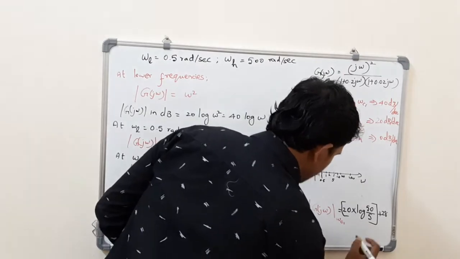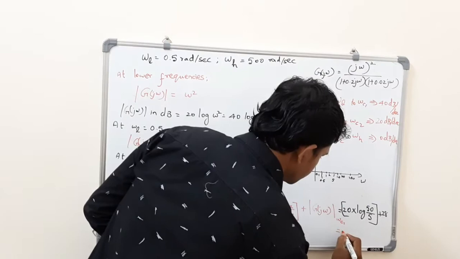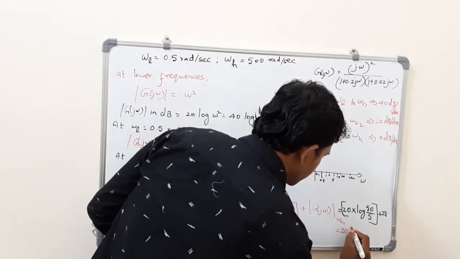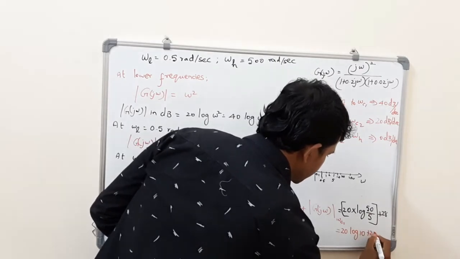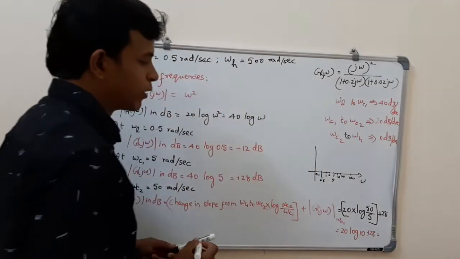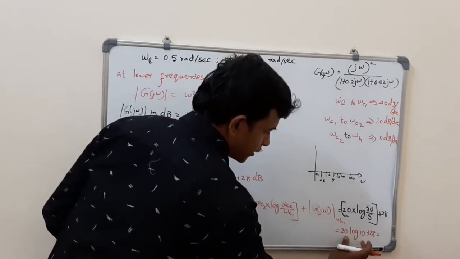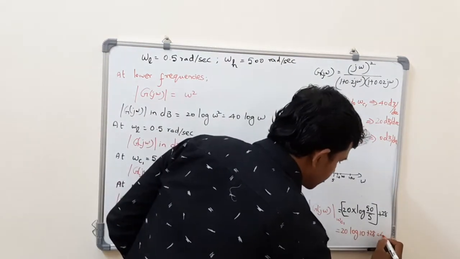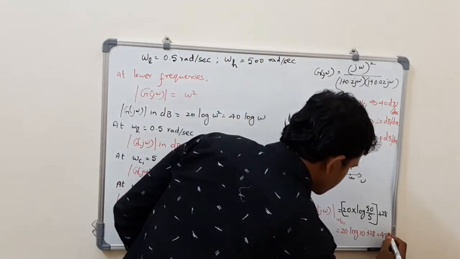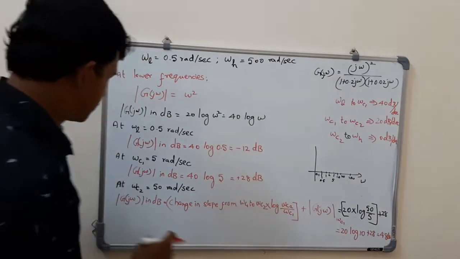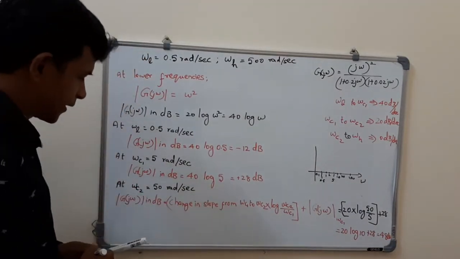So the answer is 20 log of 50 divided by 5, which is 10, plus 28, that is equal to 20 log 10. The value of log 10 is 1, so 20 into 1 is 20, plus 28, it is 48 dB. So this is the magnitude at omega C2 equal to 50 radians per second.